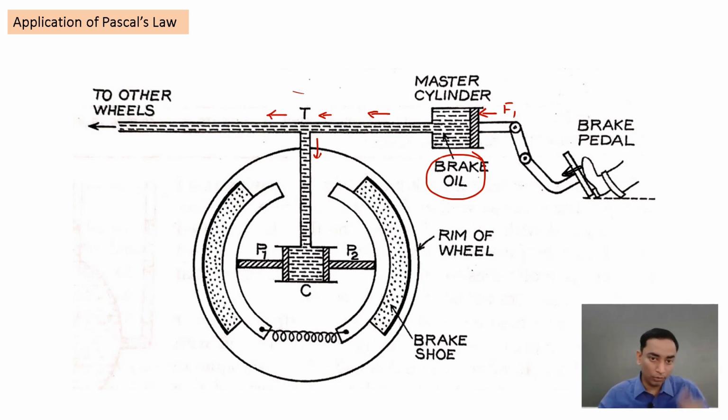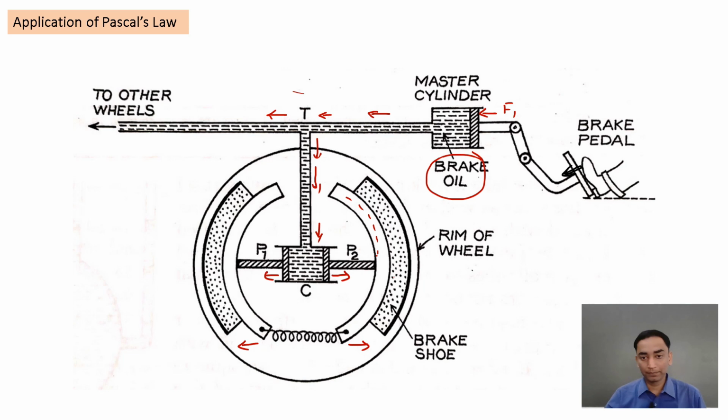A similar setup is also located in the other areas, because there are 4 tires in a car, so you will see these 4 setups everywhere. Some amount of oil goes down, and as a result these pistons P1 and P2 are pushed outwards. So this semicircular shoe presses against the brake drum.